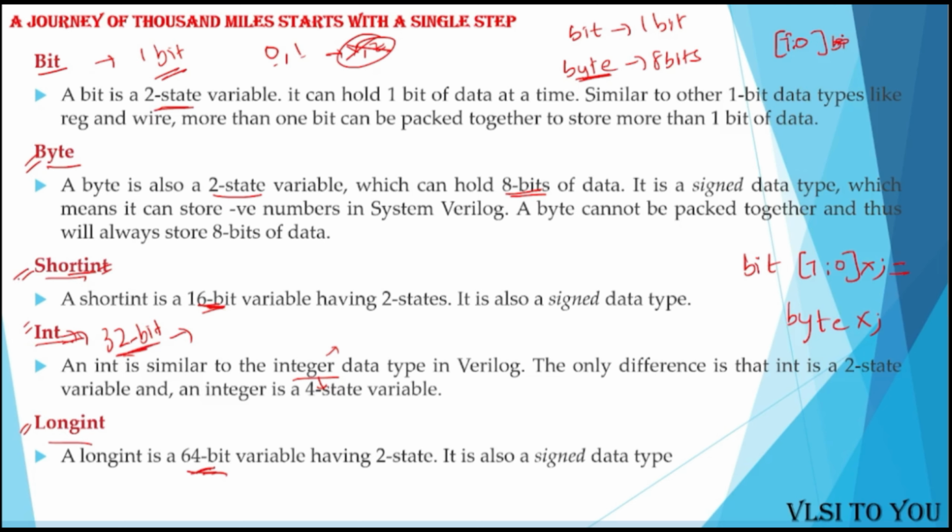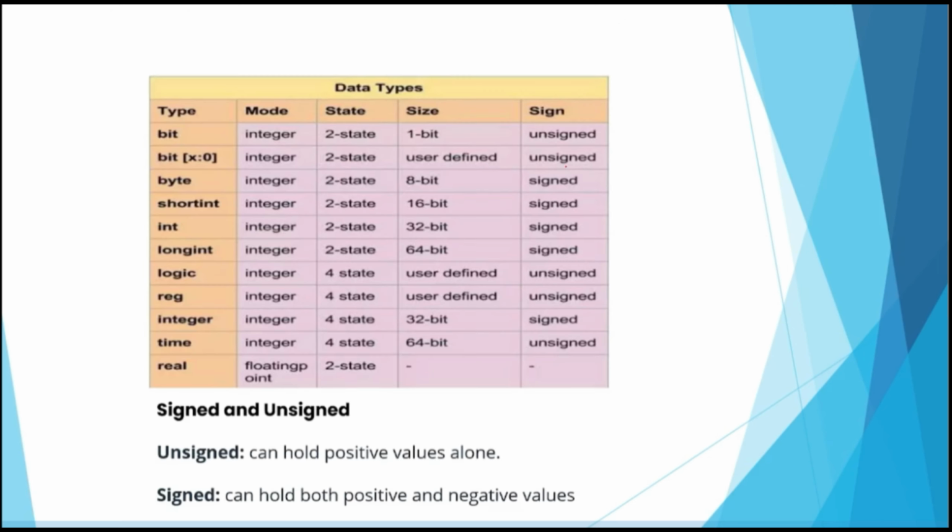But the whole int family is two-state. Clear? So in order to make you remember easily, because these are the most frequently asked interview questions to know how strong you are in your basics, these are the basic interview questions you will be asked when you attend any interview as a fresher.